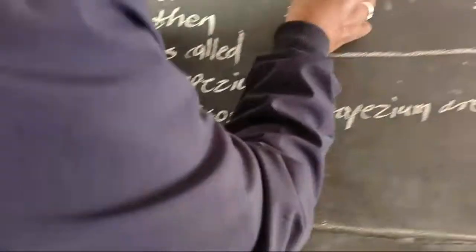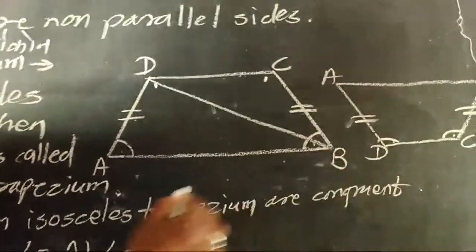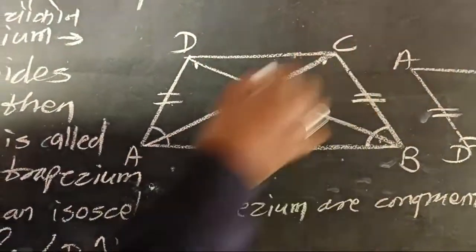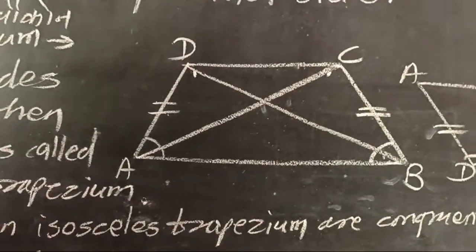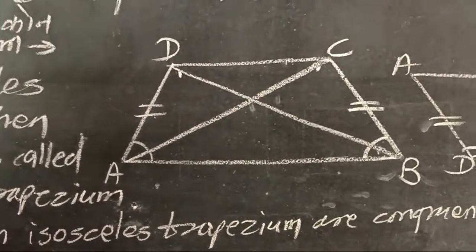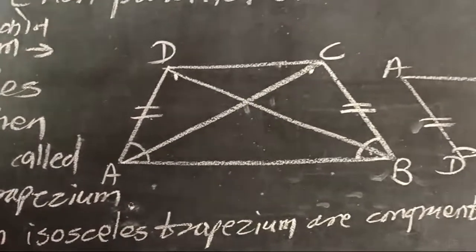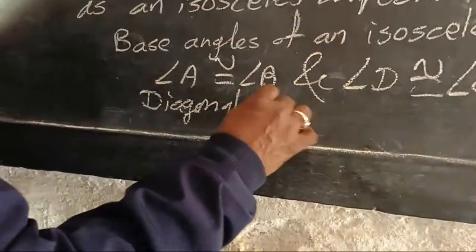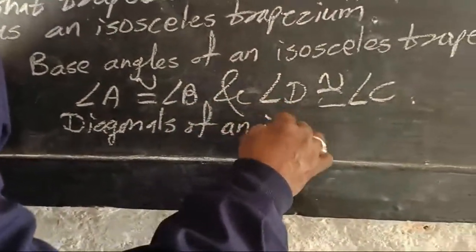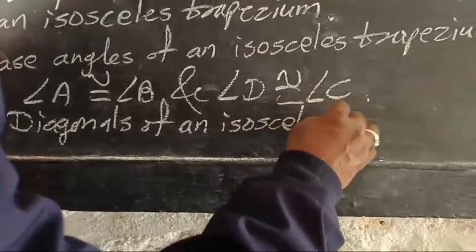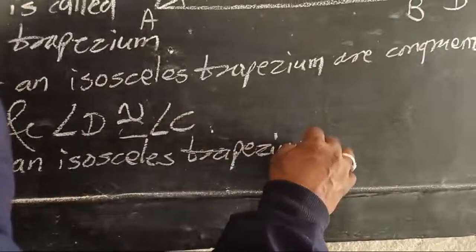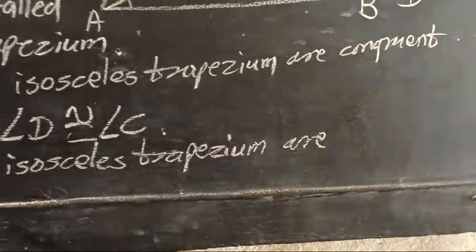And another property: this DB is called a diagonal and AC is called a diagonal. Diagonals of an isosceles trapezium are congruent.